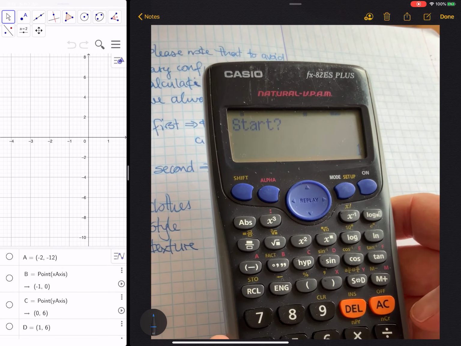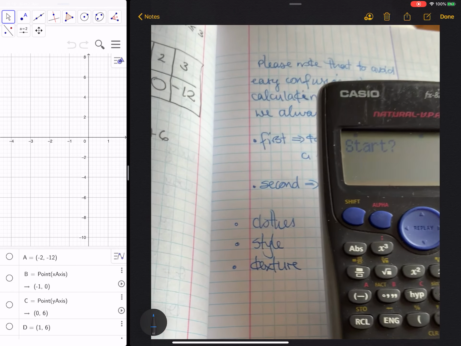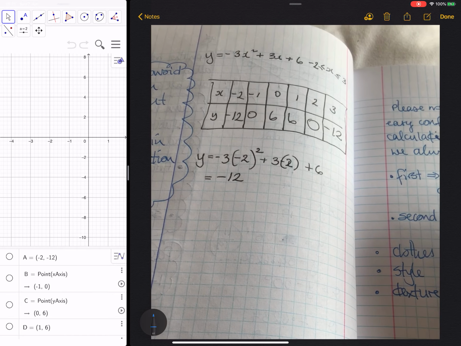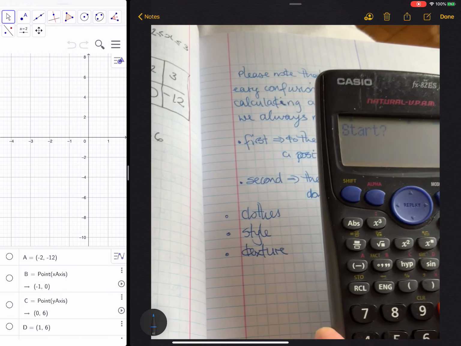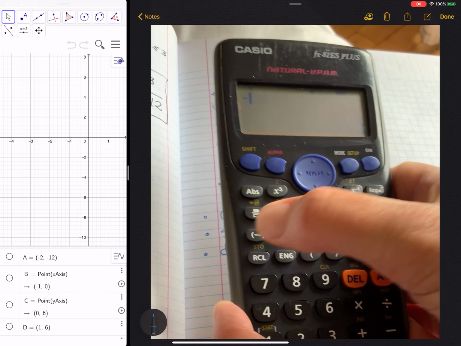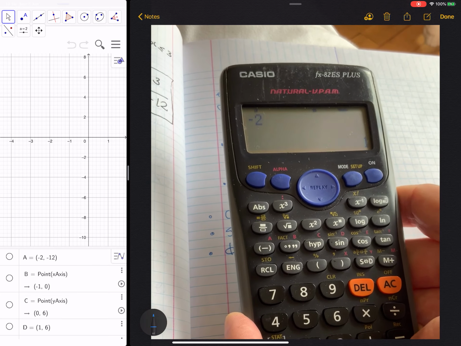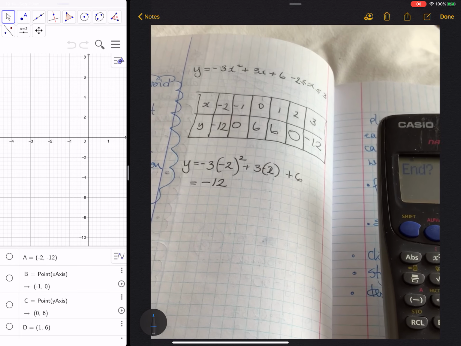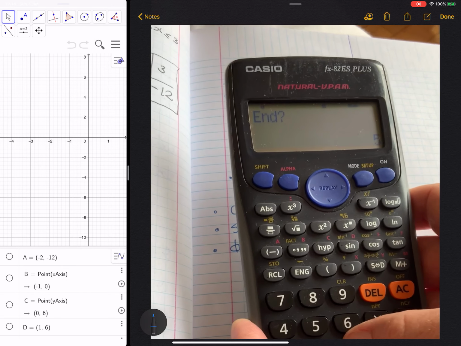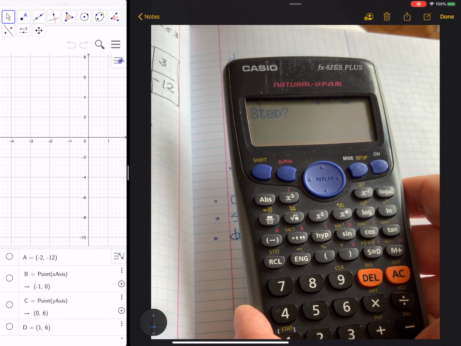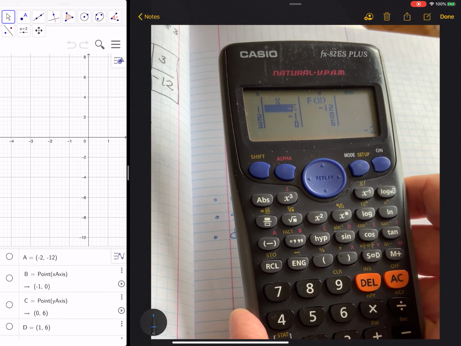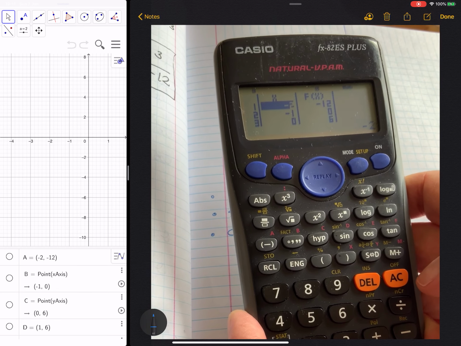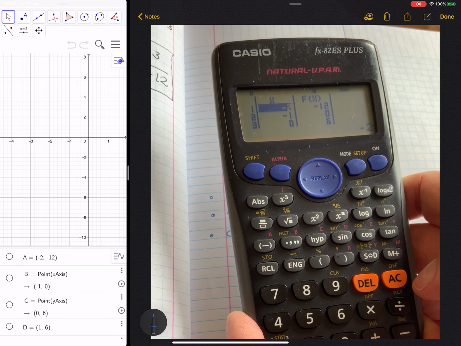We want to start on minus 2. So we come back, so we start on minus 2. We want to finish on 3. And we want to do it in steps of 1. So there are all our values. When x is minus 2, y is minus 12.